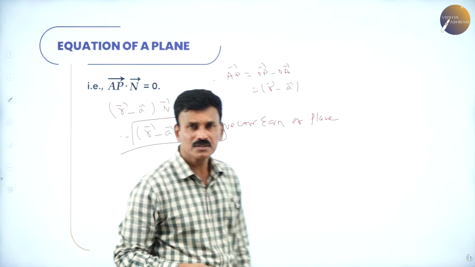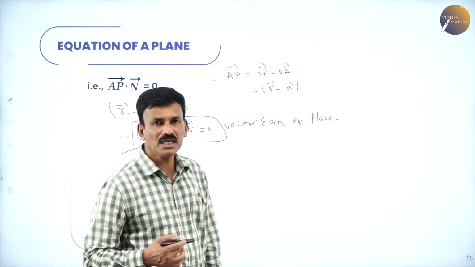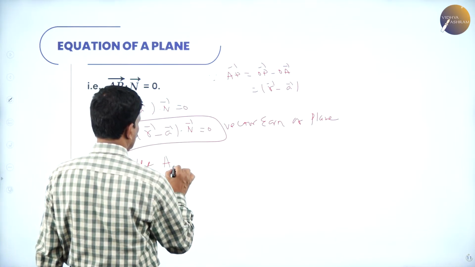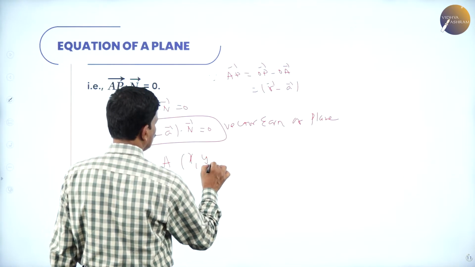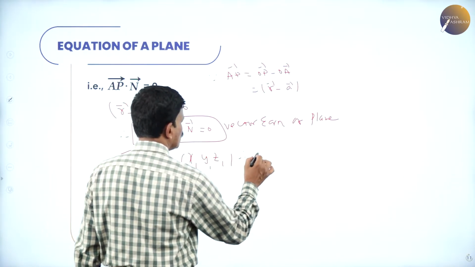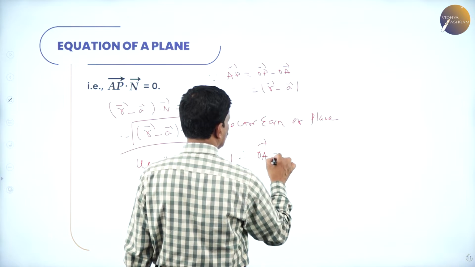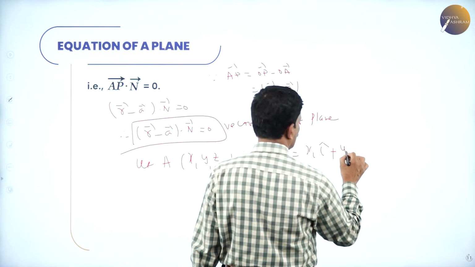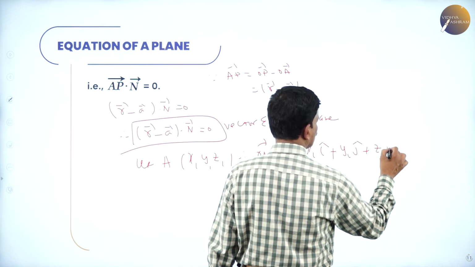That's it. Okay, to find the Cartesian form, let the point A be (x1, y1, z1). Therefore the position vector of A, vector OA, which is vector a, is equal to x1 i plus y1 j plus z1 k.